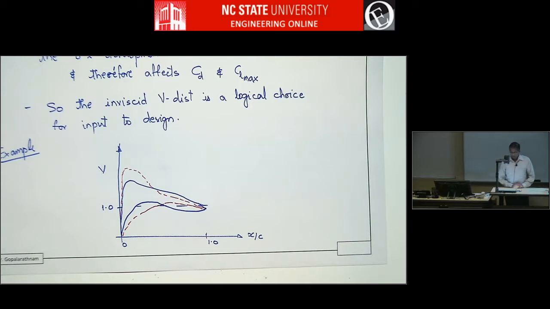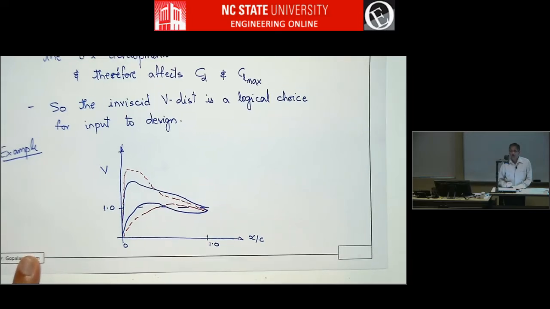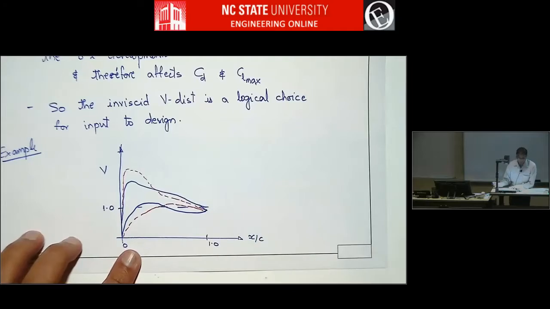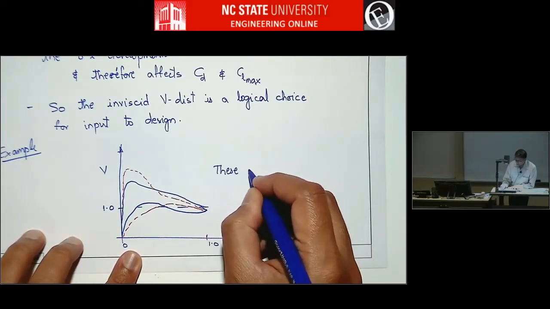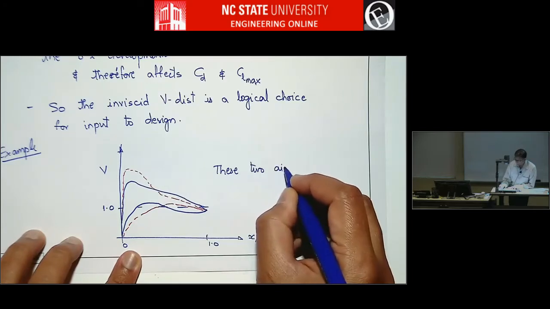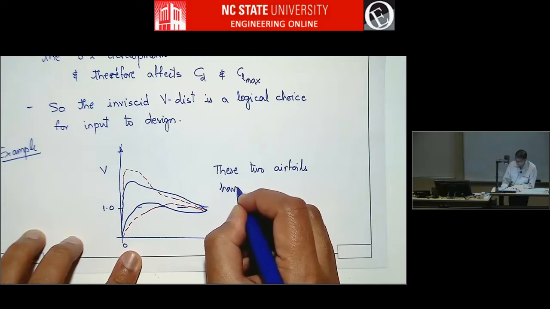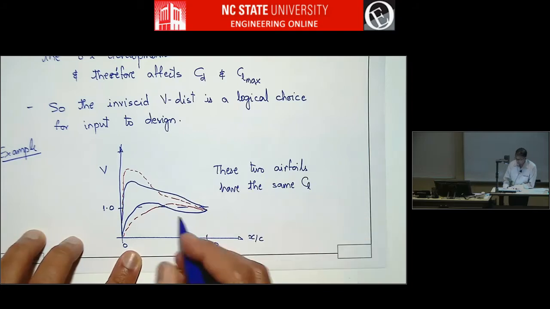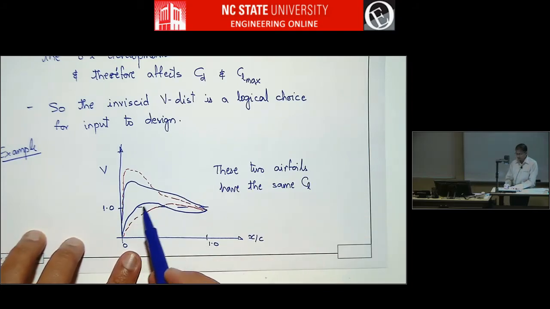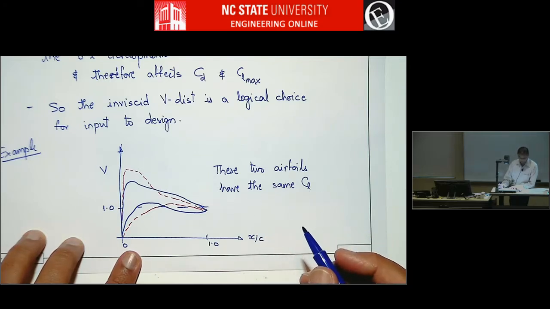If you know for a fact that these two have the same area inside, between the lower and upper surfaces, then just by looking at the inviscid velocity distribution, you can say these two airfoils have the same CL. And even if you don't know the area, just by looking at it, you can say that it looks like the area is the same, so they have pretty much the same CL.